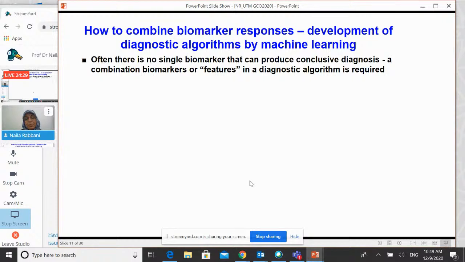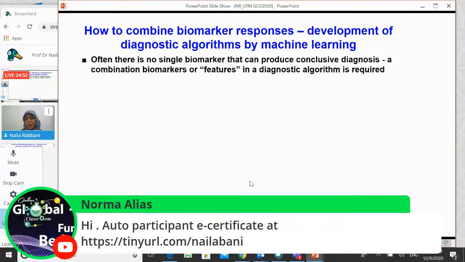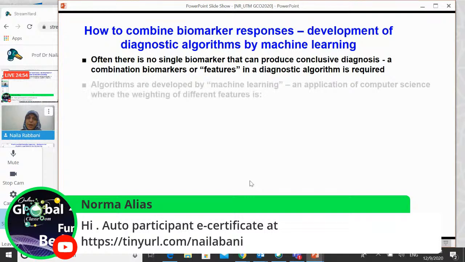That's where we applied computer science. We got together with computer scientists and asked them to help us develop a diagnostic algorithm using machine learning, because as I mentioned, there is no single biomarker that can produce a conclusive diagnosis. A combination of biomarkers as features in a diagnostic algorithm is required.